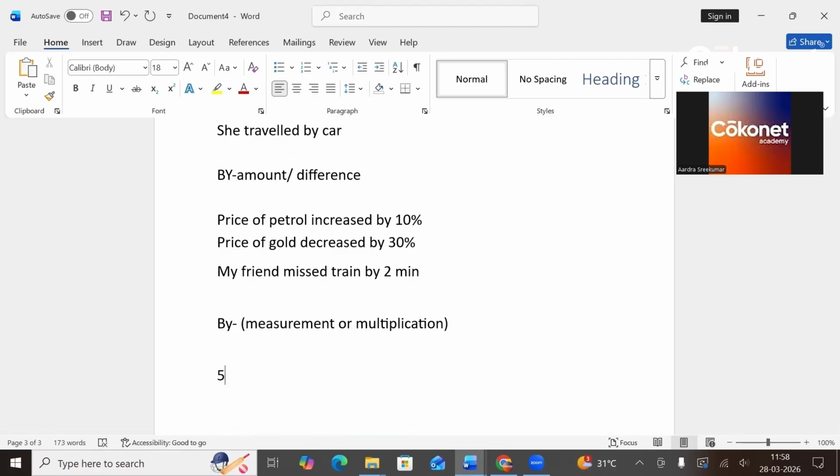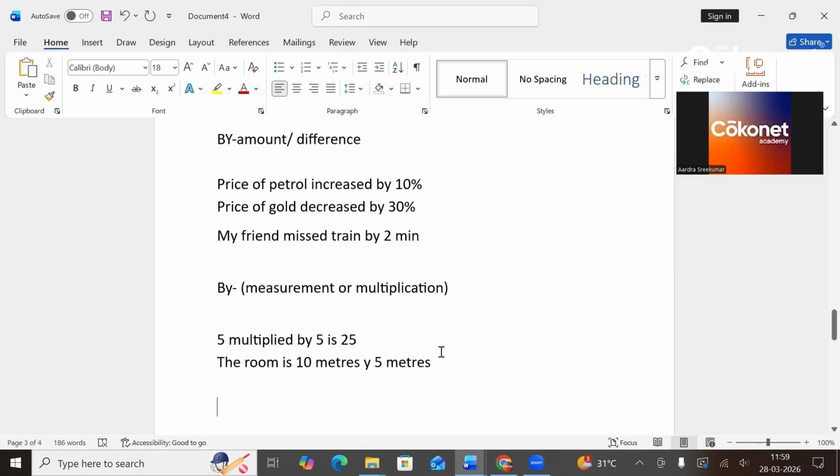So the room is 10 times bigger than mine. The room is 10 times bigger than my friend's. So likewise, to measure or to multiply something, you can simply use by.